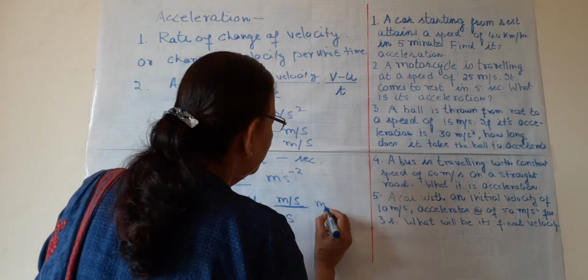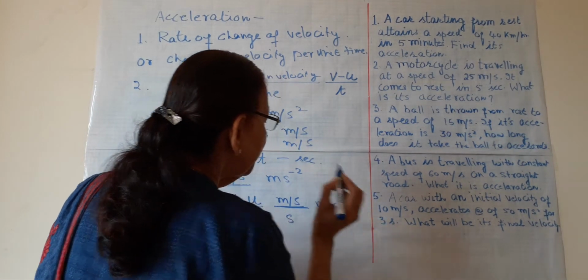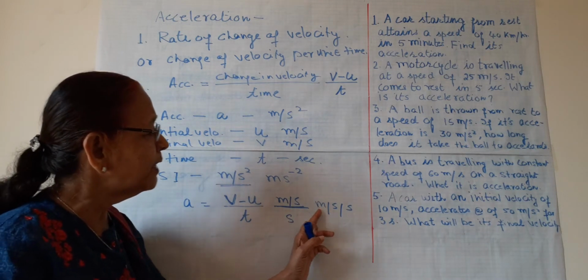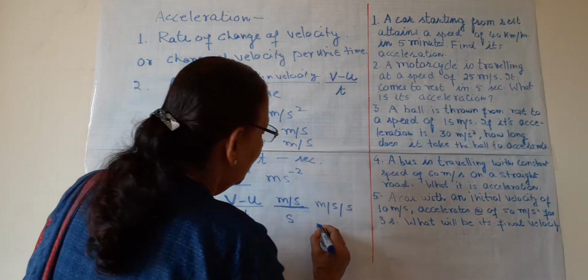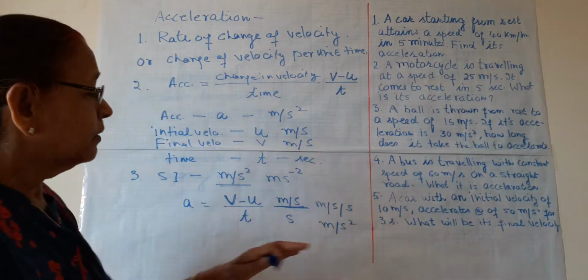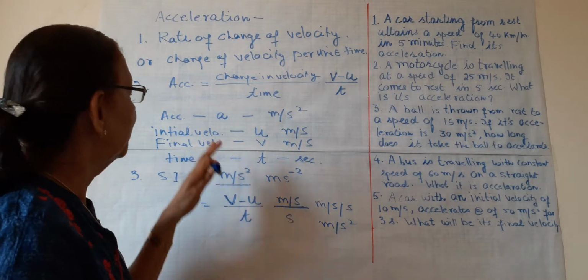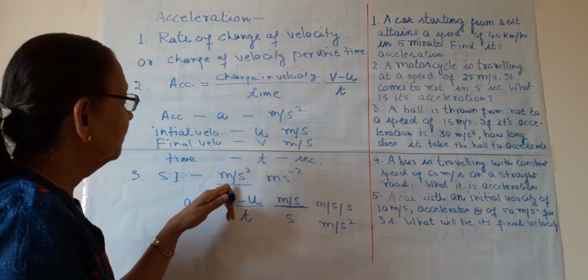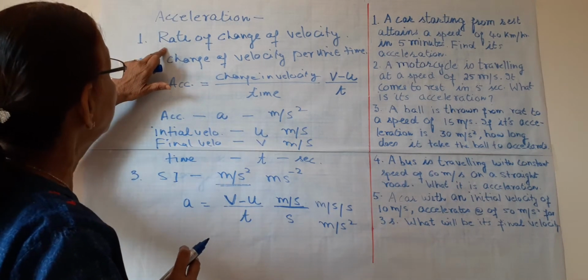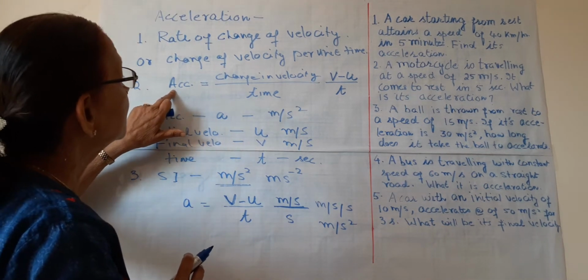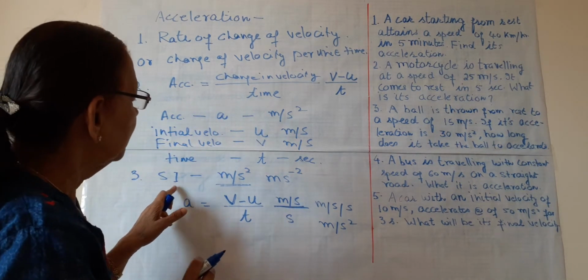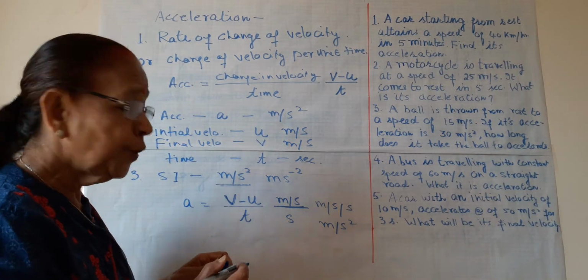So the unit is meter per second per second, or we can write meter per second square. This is how the unit of acceleration has come. So one thing is the rate of change, second is the formula, change in velocity upon time, and third is its unit.